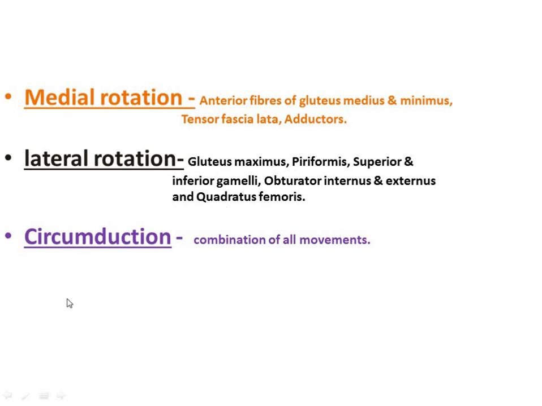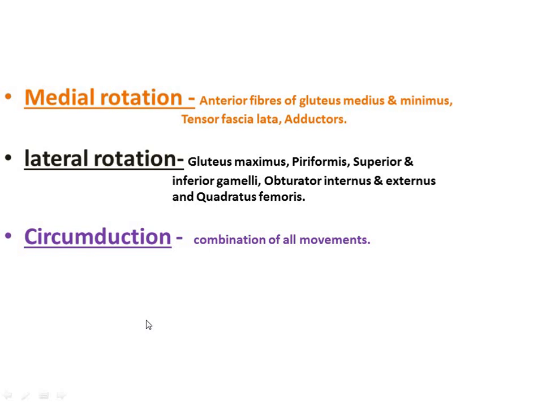Circumduction is a combination of all these movements, in which you can move the limb in all directions. So all these muscles in varying stages of circumduction will contribute to the circumduction movement. Of course, circumduction in the case of the hip joint is not possible to as much range as in the shoulder joint.